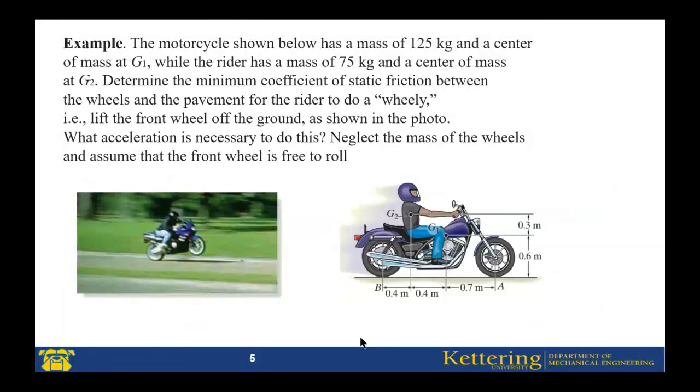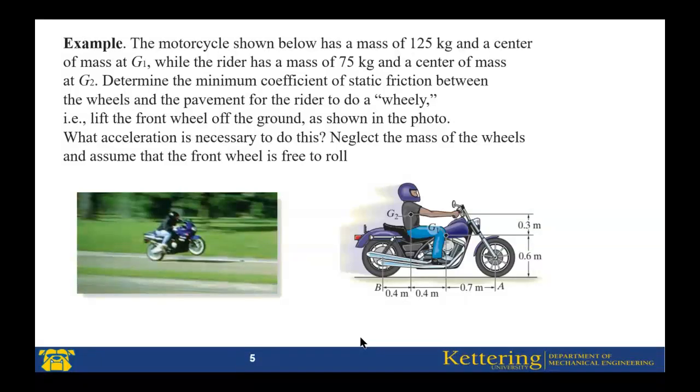There's a motorcycle shown below with a mass of 125 kilograms. The rider has a mass of 75 kilograms. We want to find the minimum coefficient of friction between the wheels and the pavement if the rider does a wheelie. A wheelie means bringing the front wheel into the air.